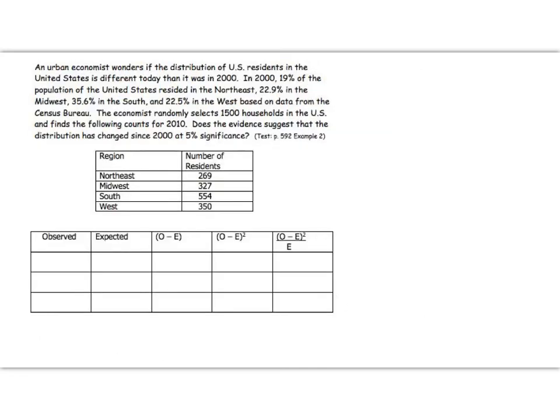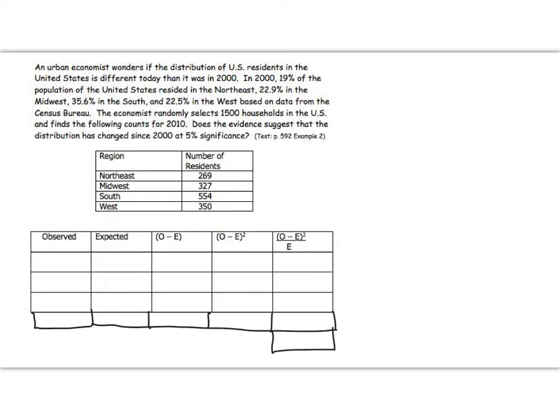Okay, so the last example today. I need to add another column to this table, or row. You know what, I'm going to stick a place in for my total as well. An urban economist wonders if the distribution of U.S. residents in the United States is different today than it was in 2000.